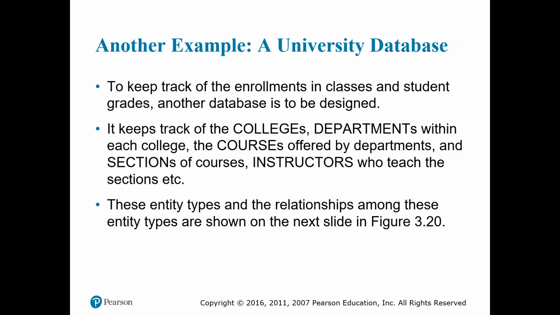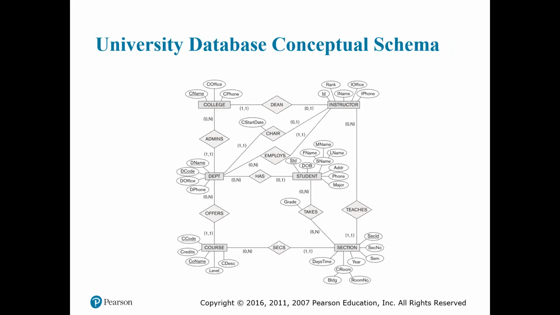Okay. In our university database, this is what we're dealing with in the sample database that you will implement in MySQL. And there's the diagram for it: students, instructors, colleges, and the relationships between them. Each department will have a chairperson, which will be an instructor.